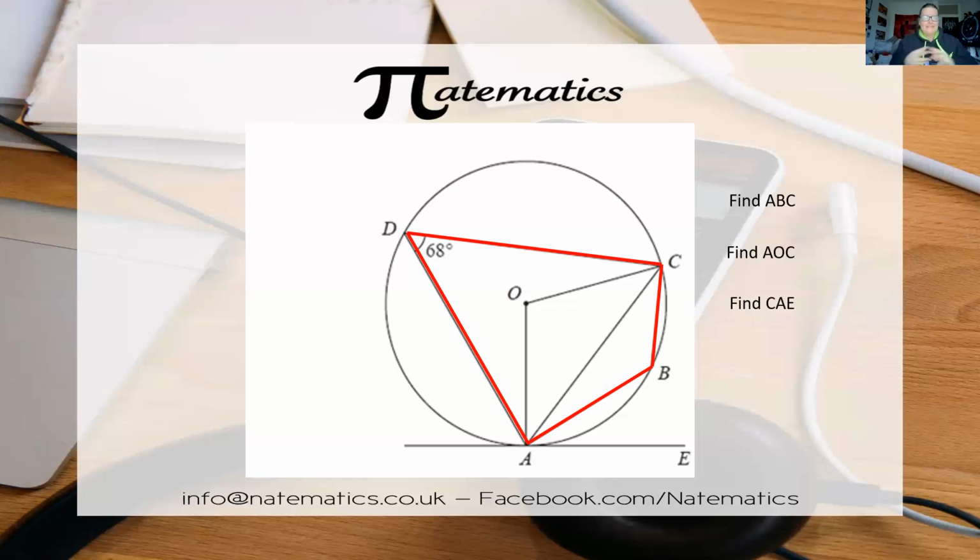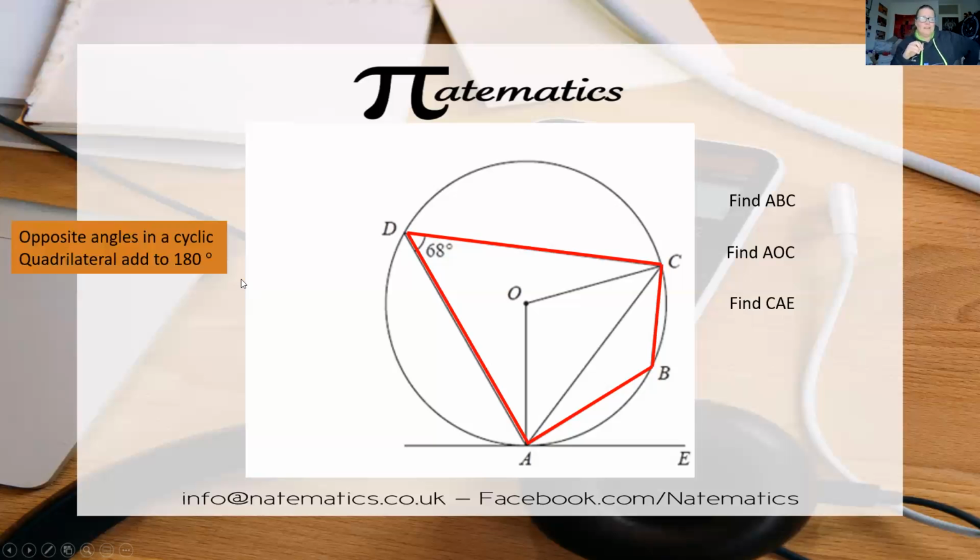So ABC is part of this quadrilateral here. So it's about looking for a quadrilateral, maybe a triangle, who knows? I'm going to record a few of these so you can go through them. Now, what do you know about a quadrilateral that's in a circle? It's a special type of quadrilateral called a cyclic quadrilateral.